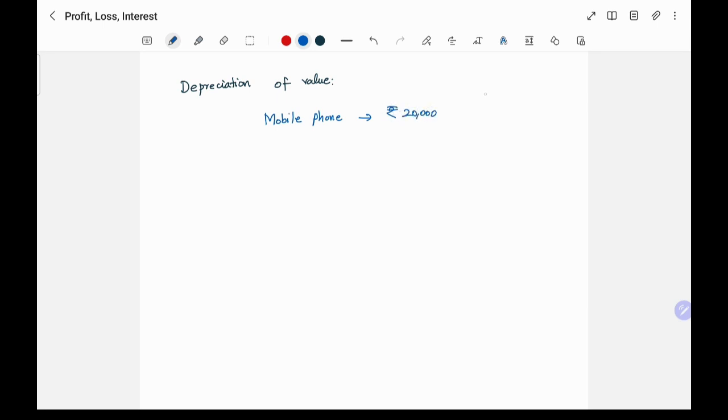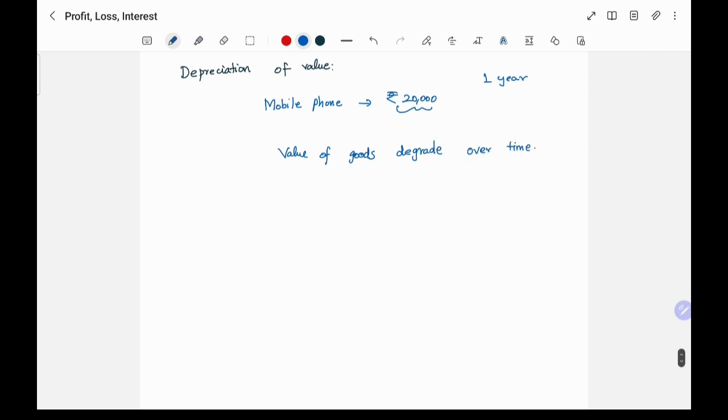If you sell it after, let's say, 1 year, will you be able to sell it at the same price of 20,000? No, right? So that is called depreciation of value. The value of goods degrades over time. So this is again degrading in a compounded way.